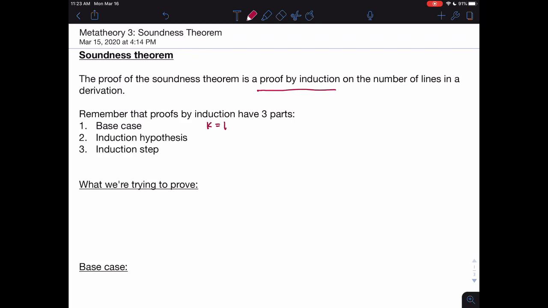So I just want to start out by reminding everyone of what it is we're trying to prove. We're trying to prove the soundness theorem, which says the following.